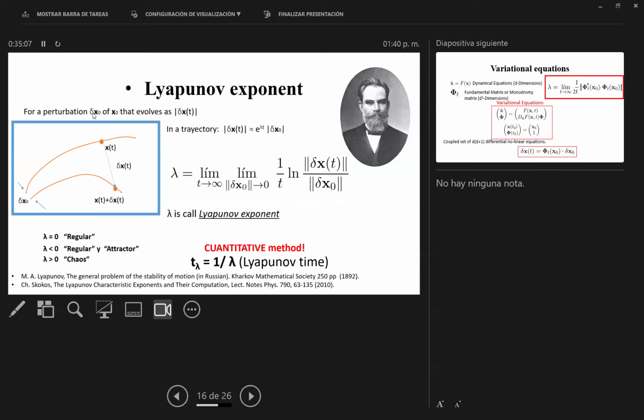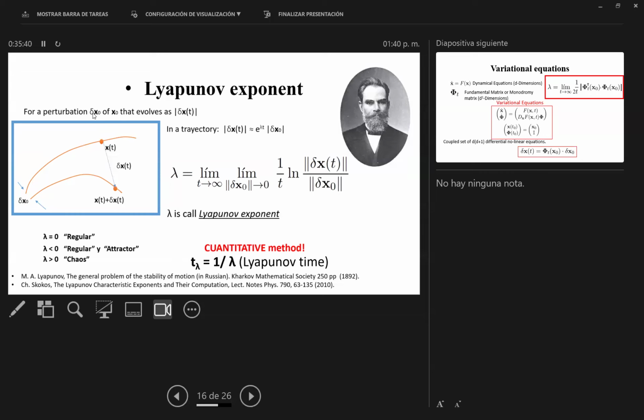Another important quantity is the inverse of the Lyapunov exponent, called the Lyapunov time. Sometimes it is related to a measure of uncertainty in a chaotic system, because when you evolve classical orbits, after some time the chaoticity can spread around the classical phase space with a kind of randomness.